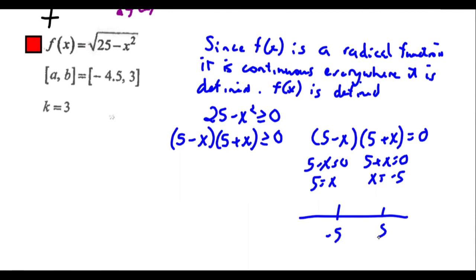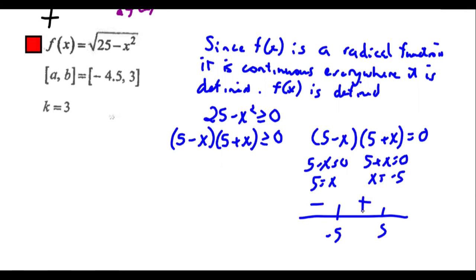So you do test points. You pick a number less than negative 5, say negative 6, and plug it in. 25 minus negative 6 squared, negative 6 squared is 36. 25 minus 36 gives me a negative. Now I'm going to do the same thing for some number between negative 5 and 5. Let's try 0. 25 minus 0 is 25, so that's positive. All those numbers in that interval will be positive.